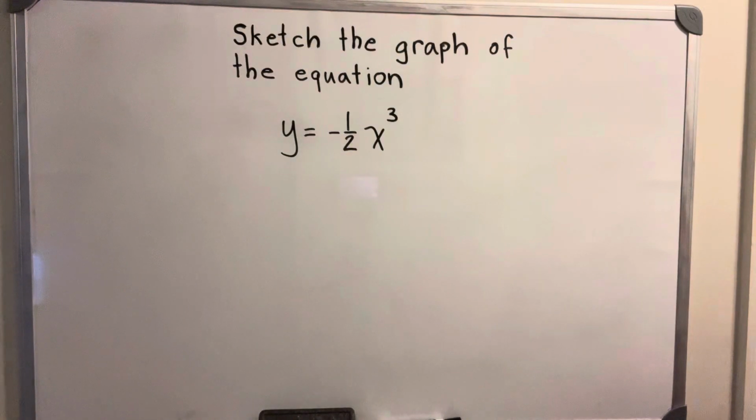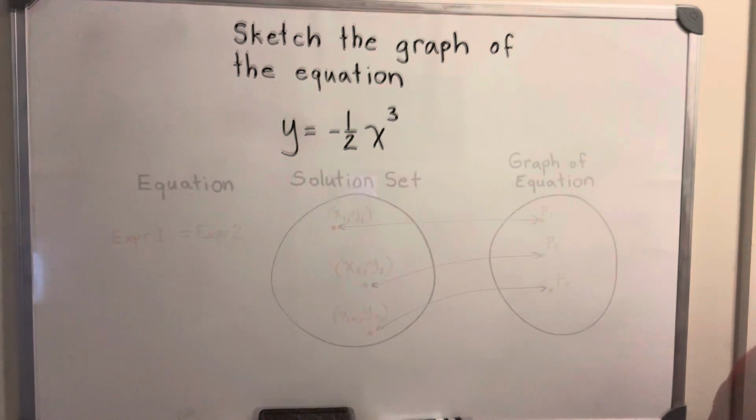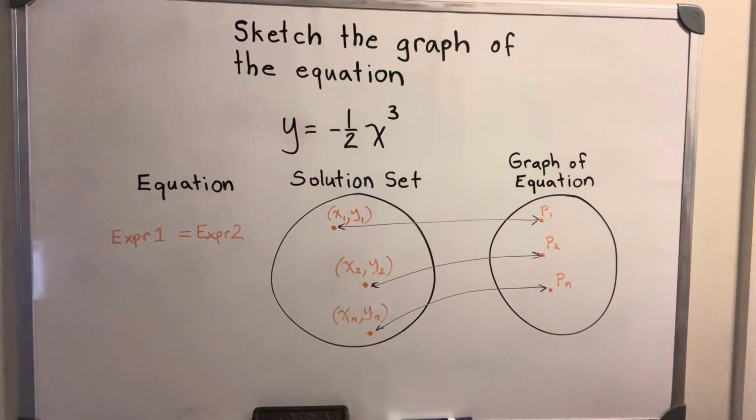This problem says, sketch the graph of the equation y equals -1/2 x cubed. Here are some pictures that explain some terminology that you'll come across. An equation is an expression that says something is equal to something else.